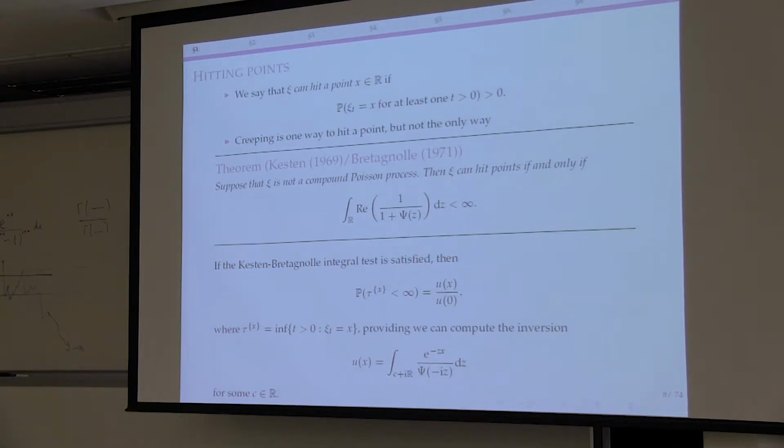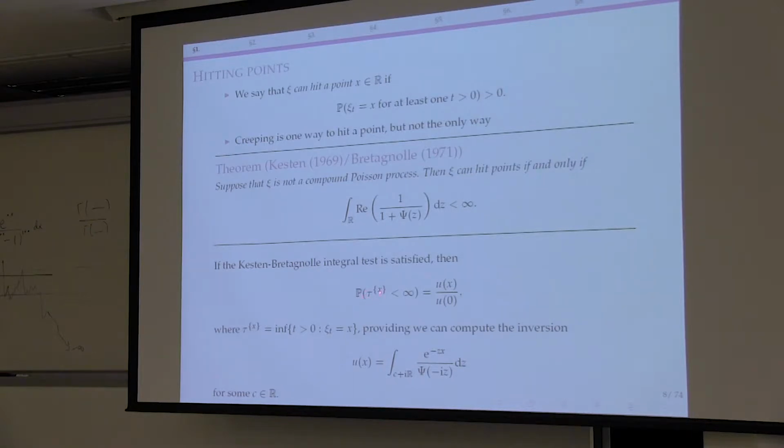Well, the criteria for creeping or this type of behavior is determined by this integral test. It's quite an old result. So if you know what your exponent is, stick it in, integrate it. If it's finite, you can do it. If it's not, you can't. And if you can, then you can even go a bit further and work out what the hitting probability is.